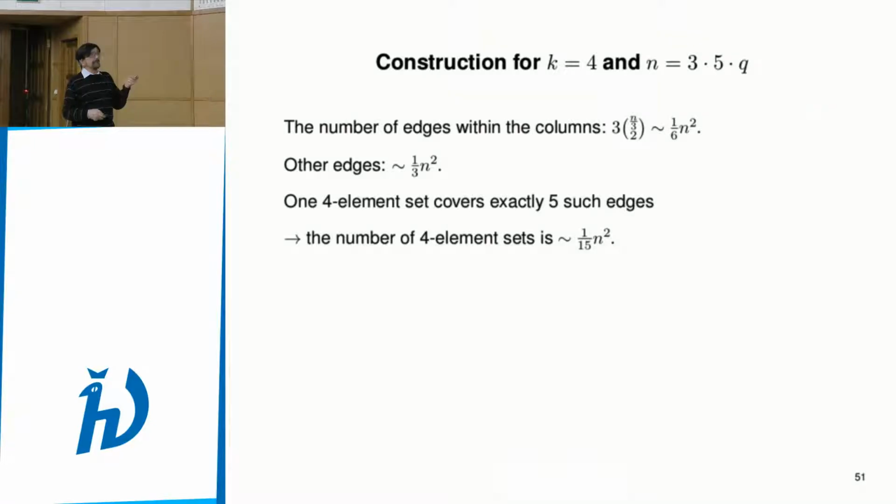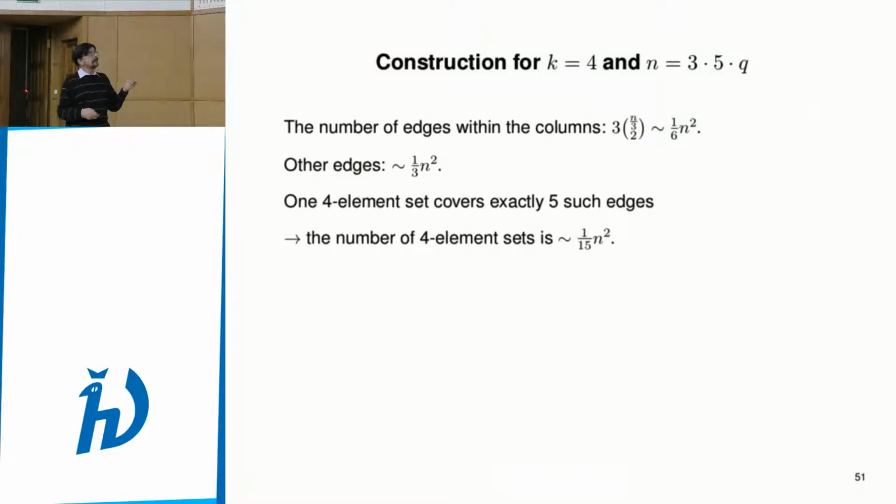So this was the number of edges, and so yeah, it's clear because it's n over 3 times n over 3 times 3, and this gives it. But we covered these edges by the 4-element sets, and the 4-element sets had 5 edges, so we have to divide it by 5. So the number of real edges is this.